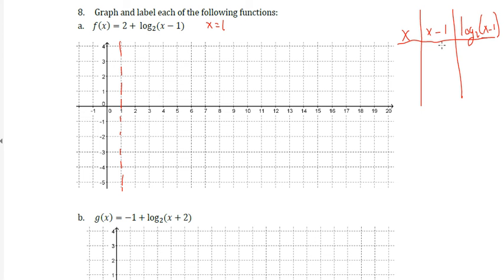What I really want is for this middle column to be my powers of 2, because that's actually what's going into my function as a block.